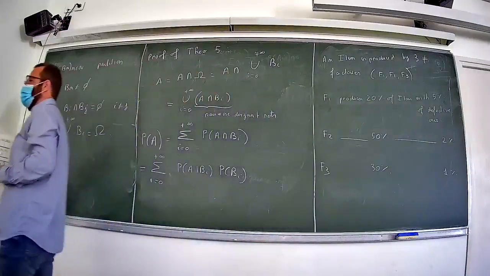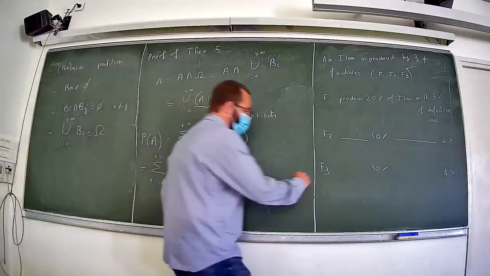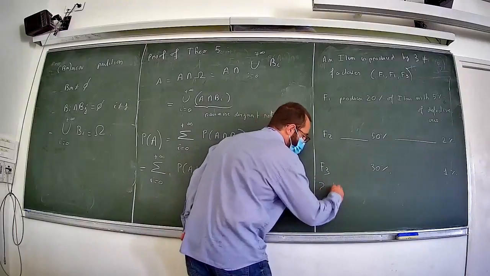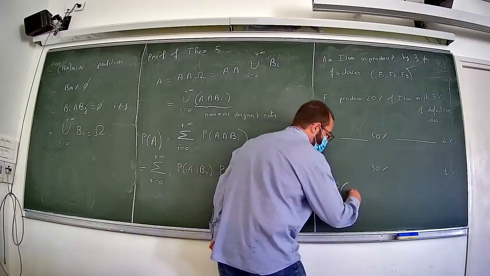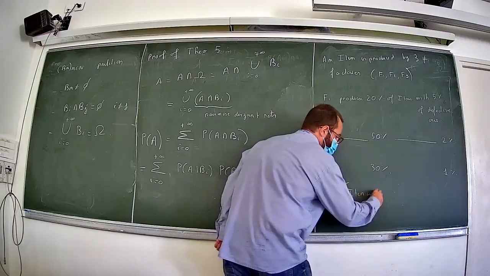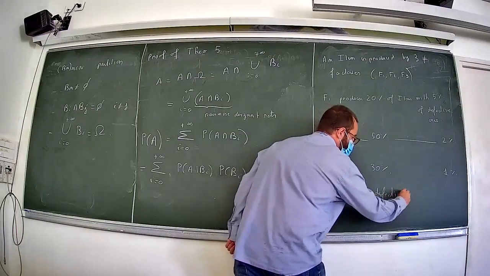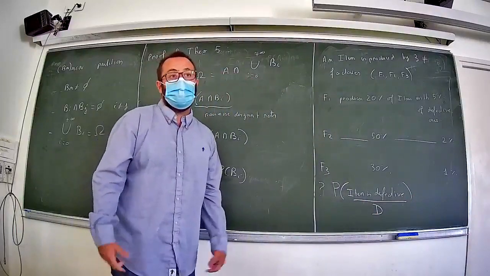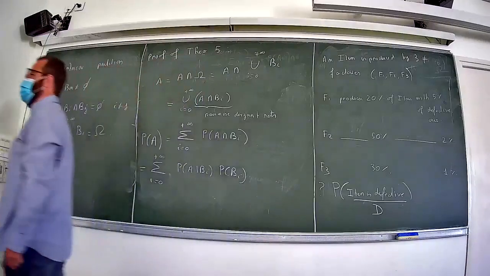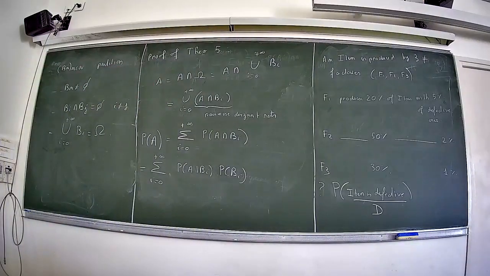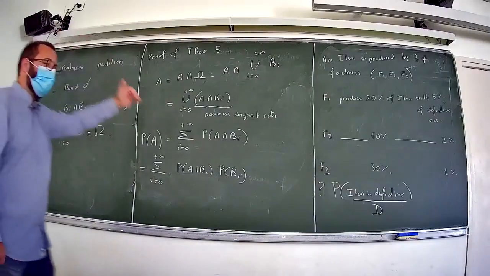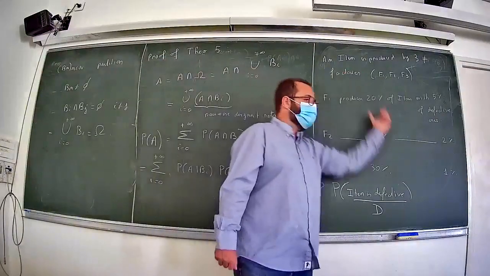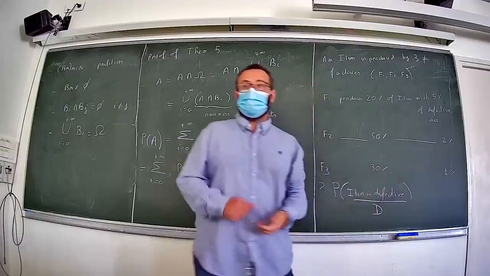My question is: compute the probability that an item is defective. I denote this event by D for defect. So you are in this situation, and I want you to compute the probability that a randomly selected item is defective, knowing that it is produced by 3 different factories, each of them having this characteristic.